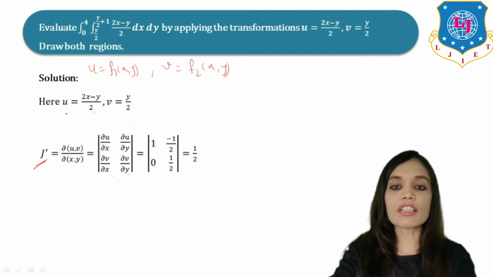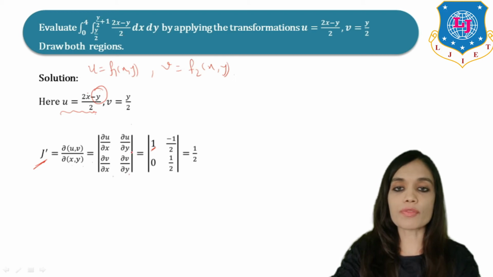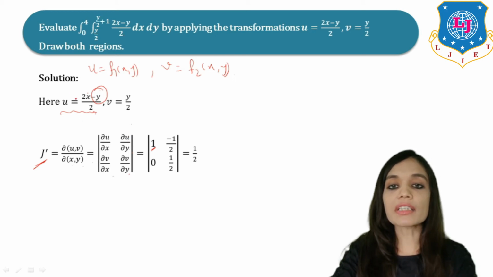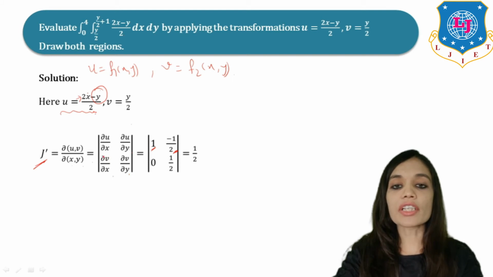Right? So firstly, let us find the derivative of u with respect to x, keeping what constant? y as constant. So the derivative of x will be 1, and 2 upon 2 will give us the final answer as 1. Now let us find the derivative of u with respect to y, keeping the x term constant. So the derivative will be minus 1 upon 2. Now we have to find the derivative of v with respect to x, right?